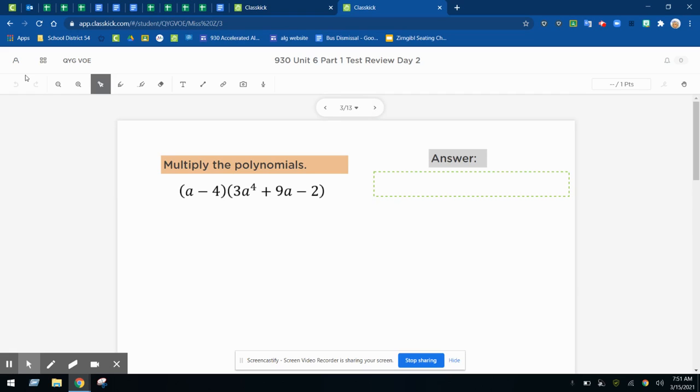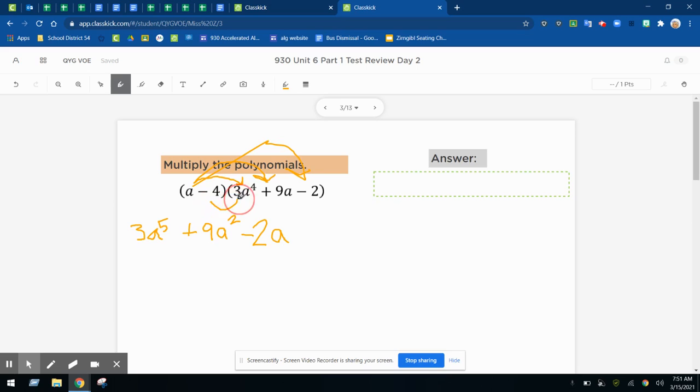All right. Problem number 3, we're going to start by multiplying our polynomials. I should have a times 3a to the power of 4 will give me 3a to the power of 5. A times 9a will give us 9a squared. And then a times negative 2 will give us negative 2a.